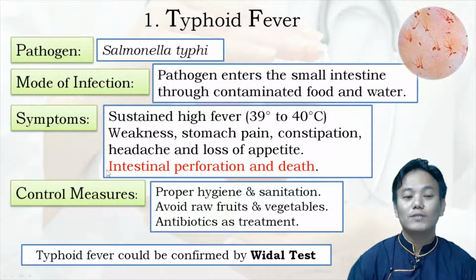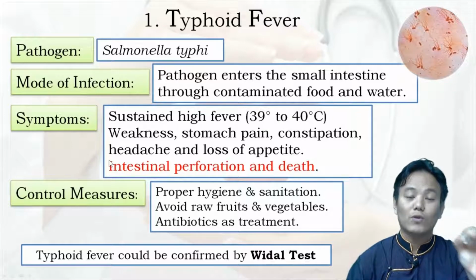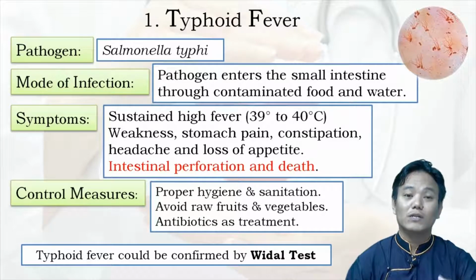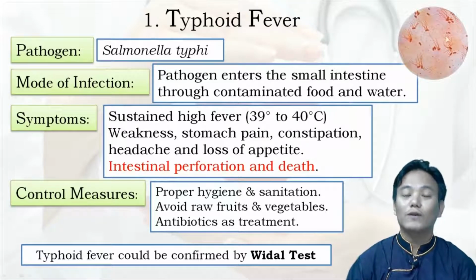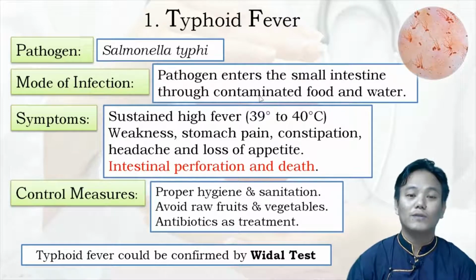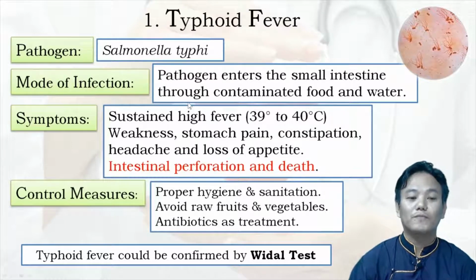You can imagine, if there are holes in your intestinal wall, it can create large cavities which can lead to your gut content going into the abdominal cavity. This will lead to the spread of Salmonella typhi to other body organs through blood, so that can prove quite lethal. So these are the symptoms regarding typhoid fever.